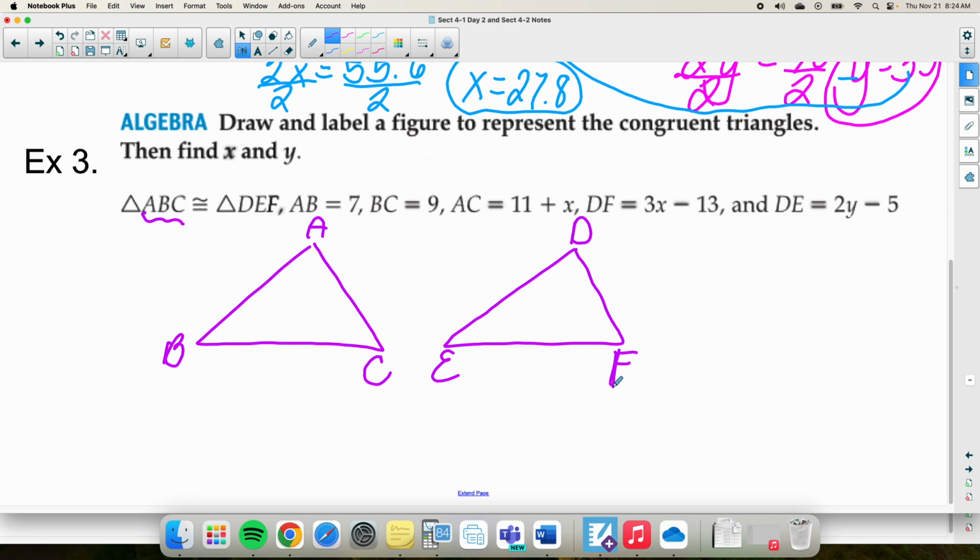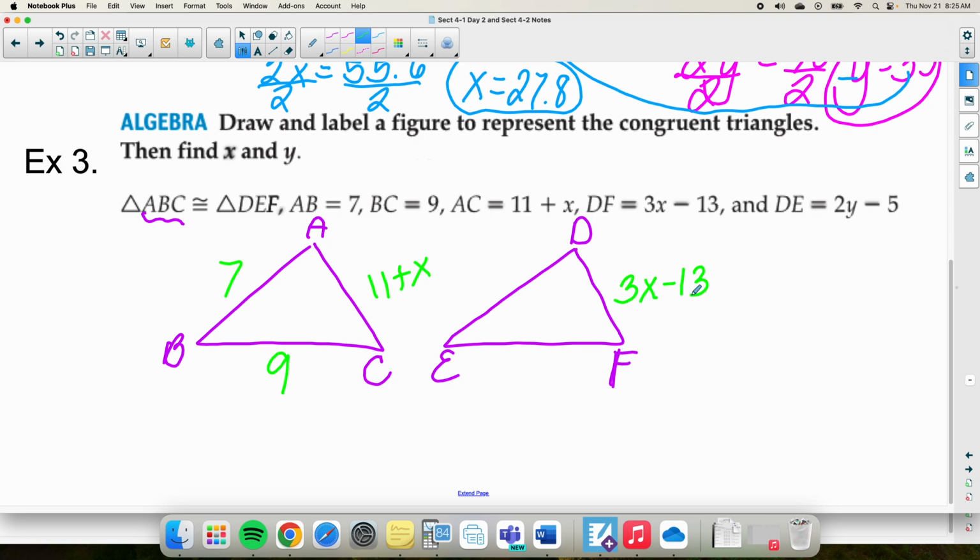Now, what I'm gonna do is label what they're giving me here. So one thing they're telling us is side AB out here is 7. Side BC is 9. And side AC is 11 plus X. Then side DF is 3X minus 13.